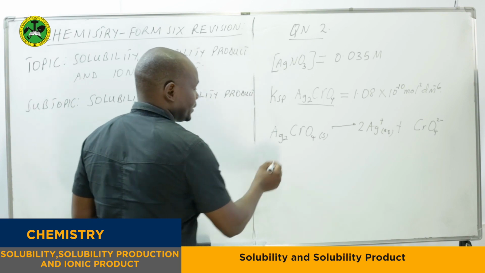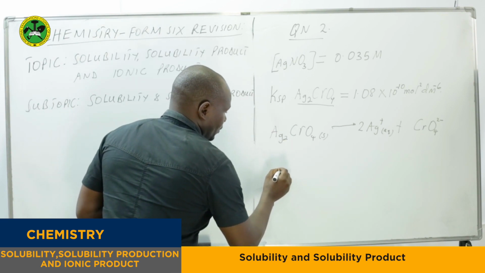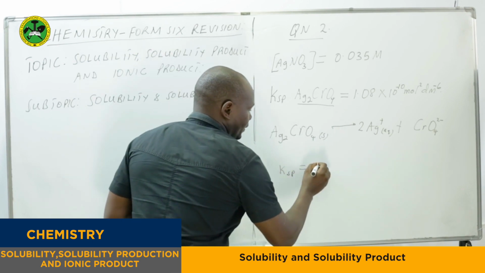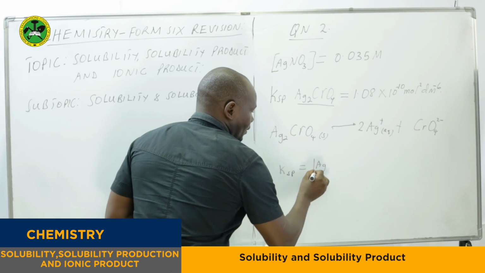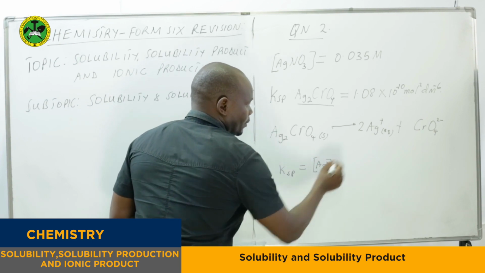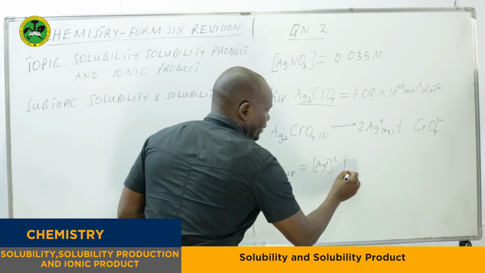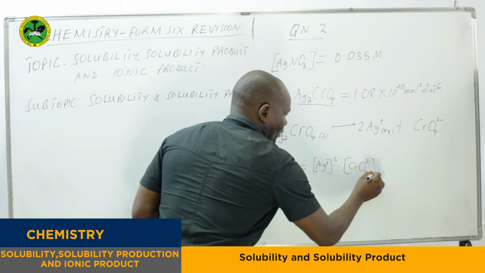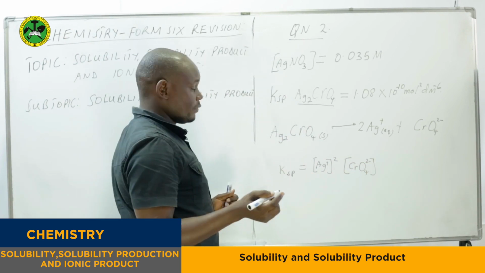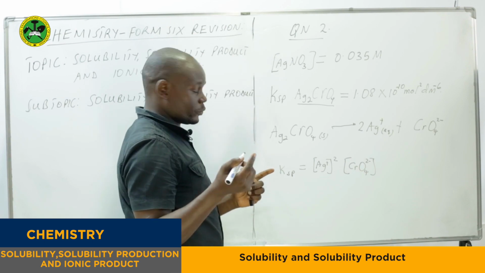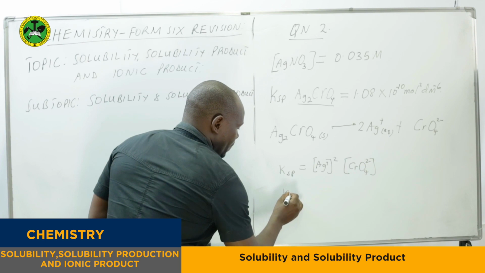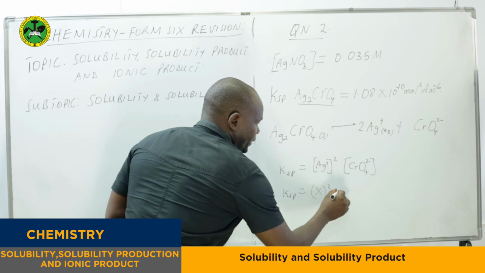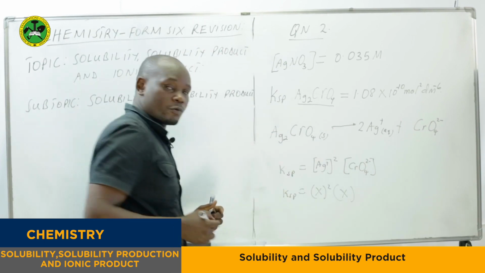Here the Ksp is obtained by taking the concentration of silver squared times the concentration of chromate, and let the solubility be X. Then Ksp will be equal to 2X squared times X, the solubility of chromate ions.